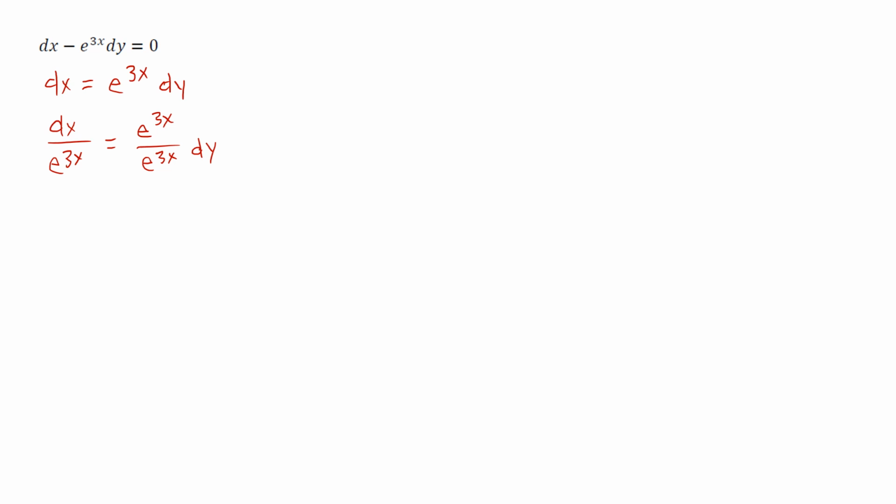And so then my e to the power 3x cancel. All right. And so now let's move this e to the power 3x to the numerator, so that will give me a negative exponent. e to the negative 3x dx equals 1 dy.